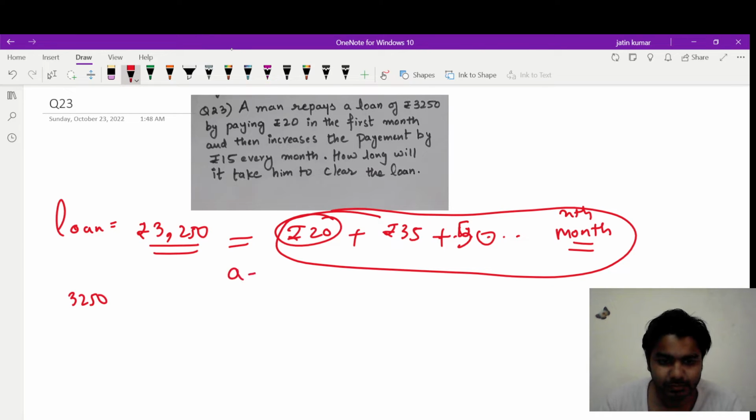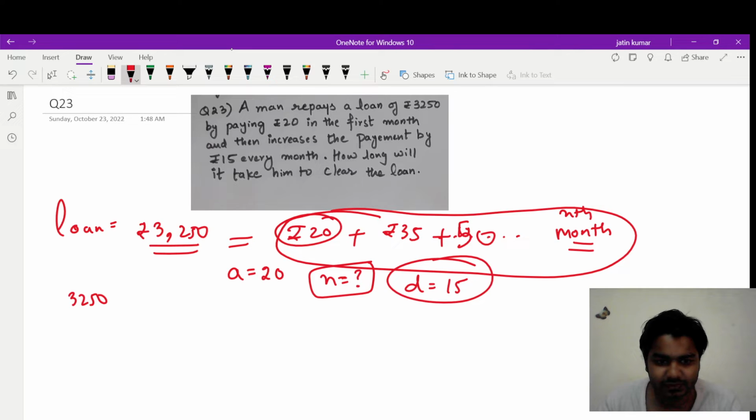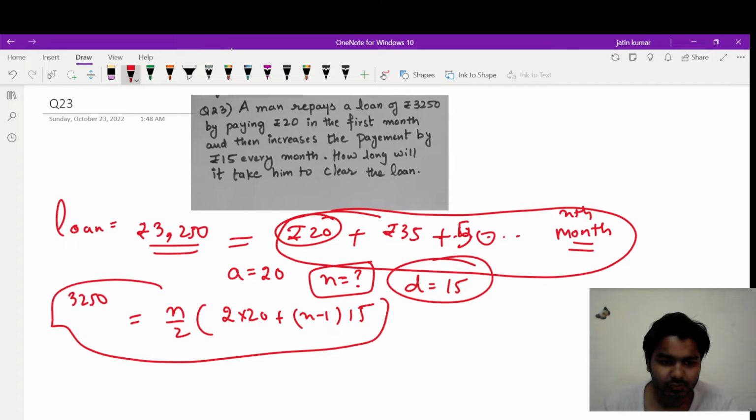Here the value of a will be 20, the value of n we do not know, and for d, he increases the payment by rupees 15, so d is 15. Now we will apply the formula n/2 into [2 times 20 plus (n-1) into 15]. This should be our required equation.